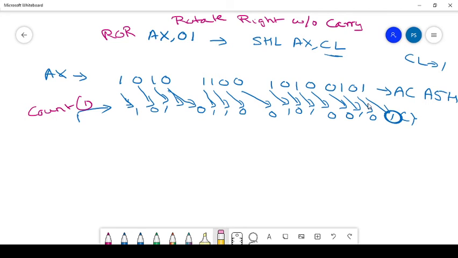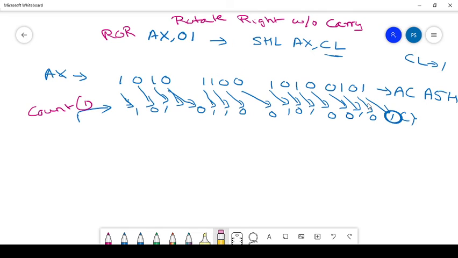The same one is moved to carry and also rotated to the MSB. This is nothing but rotate right without carry. The LSB is moved to the carry, simultaneously moved to the MSB. That is 1 1 0 1. That becomes 1 1 0 1. 8 12 13. That is D. 4 plus 2 is 6. 3 2 H. This is the rotate right without carry.